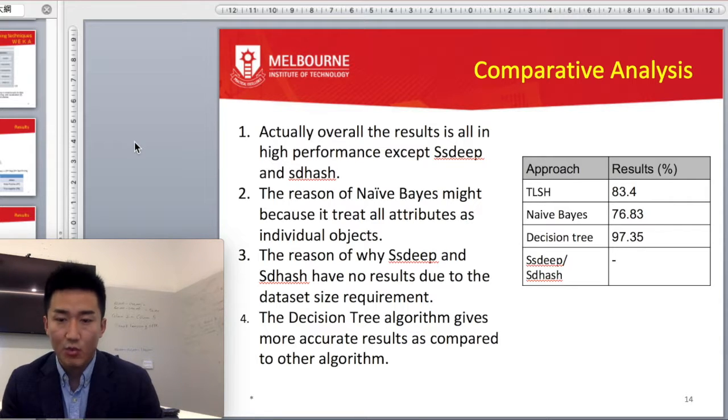The reason why naive Bayes gets a lower rate might be that it treats all the attributes as individual objects. And you can see that SSDeep and SDhash didn't get a result. We think the reason is that SSDeep and SDhash have no result due to the database size requirement.